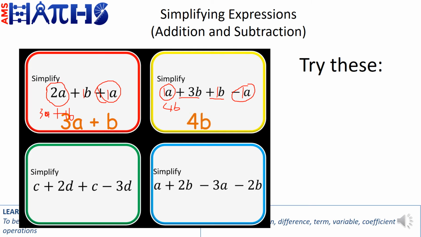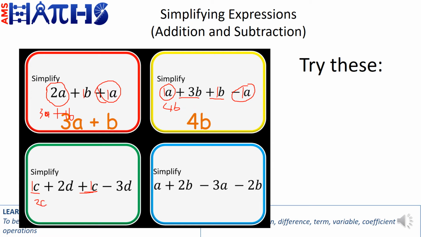On the green box, let's work on the C's, as we have C's and D's. So we have a positive 1C plus 1C, and we need to add 1C to that. So 1C plus 1C gives us 2 C's.